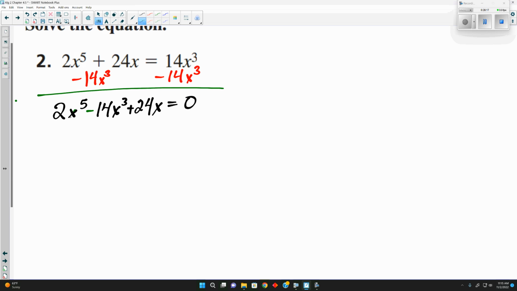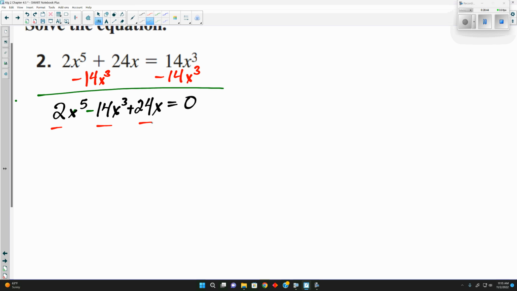Anybody have a guess at what one of the values of x is going to be? 0. Why would you guess 0? Right, if we look at this here, is there a number listed up there that doesn't have a variable? Well, the 0, yes, but every other one has a variable with it.